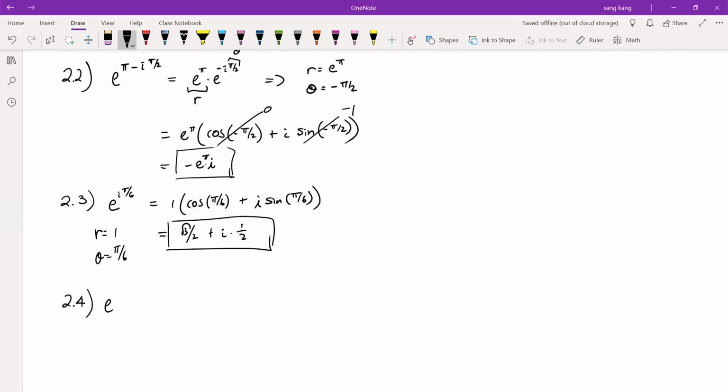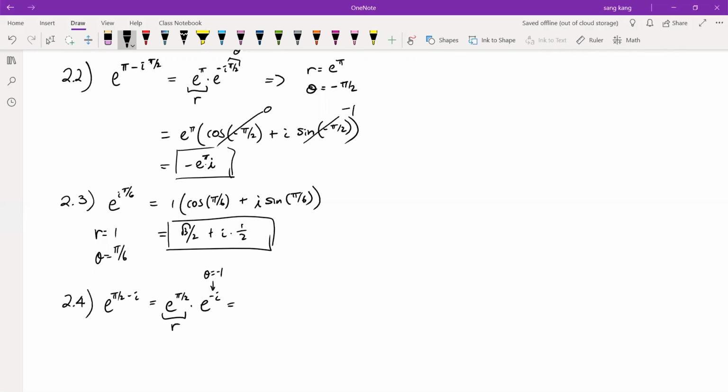E to the pi over 2 minus i. Again, we can rewrite this as e to the pi over 2 times e to the minus i. This is my r. What is my angle? My angle theta is -1.